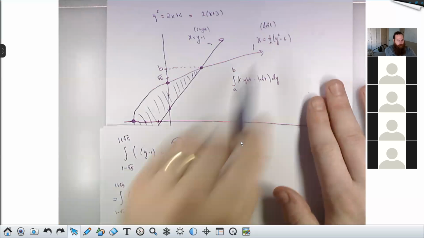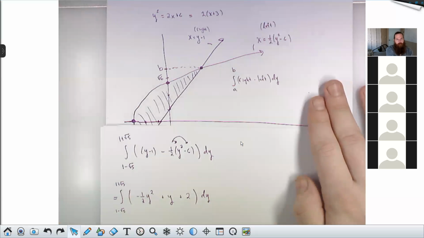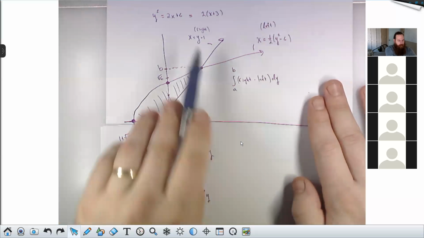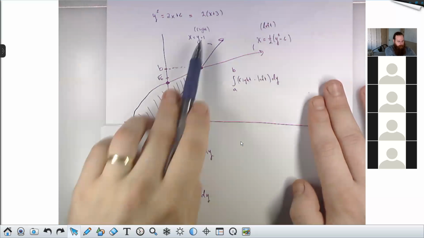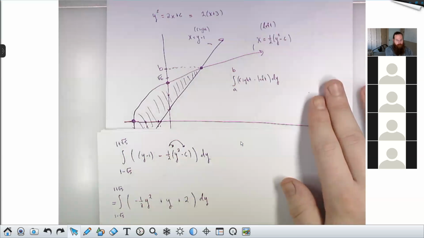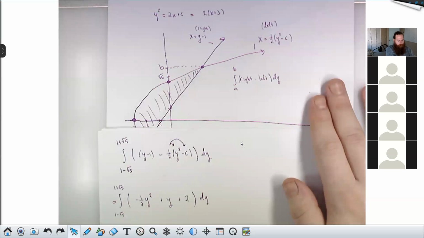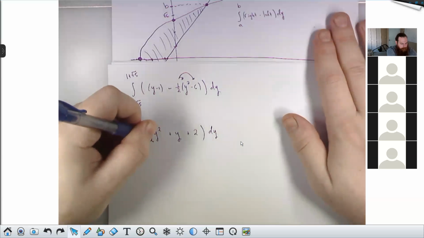Yeah, remember the left function is 1/2 times y squared minus 6. So I'm integrating my right minus my left. So this down here, sorry, maybe you're asking about this one. This is a 1/2.